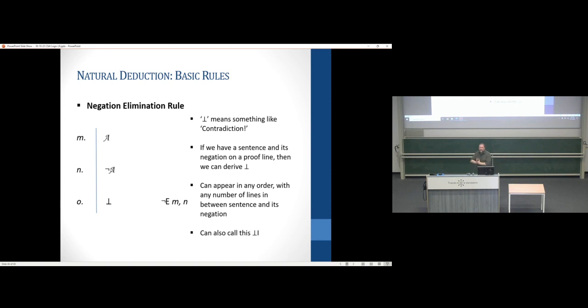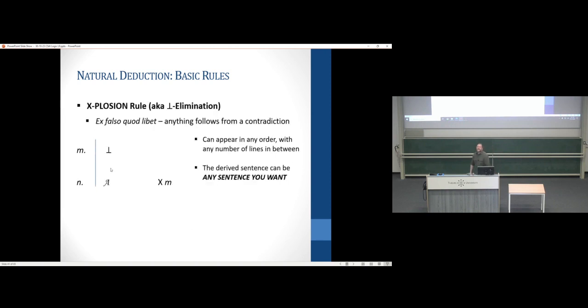So here's my favorite rule. My favorite rule is the next one. Right? Again, negation elimination, we generate the contradiction. Let's use it. Let's blow it up. Explosion is the best rule. It's also called ex falso quodlibet, or anything follows from a contradiction.